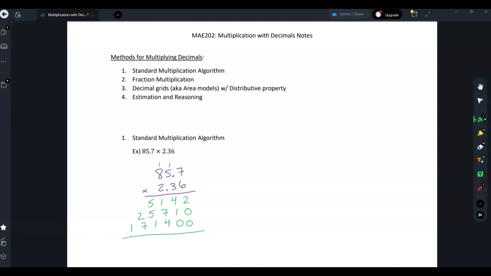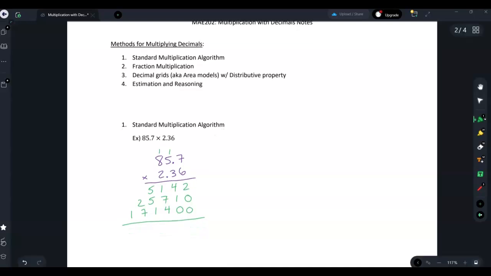All right, so I've basically ignored my decimals to this point, and I'm not quite ready for them yet, but I'm almost there. So I've multiplied this as if I was multiplying 857 times 236. Now that I have all these numbers, I'm going to add these up. So 2 plus 0 plus 0, 4 plus 1. When I add 1 plus 7 plus 4, I get 12.